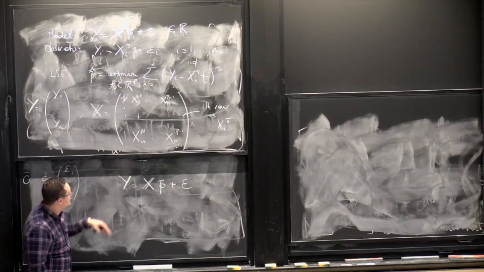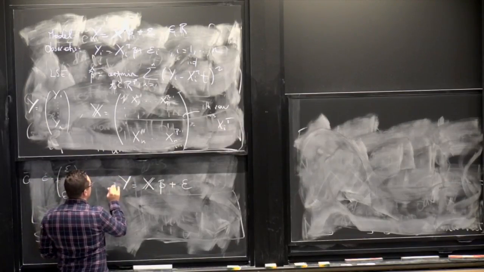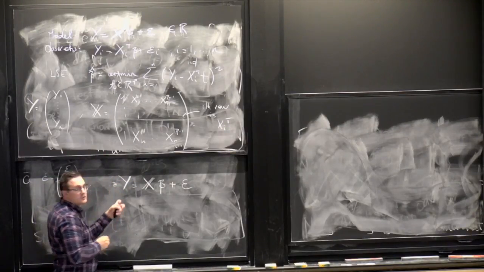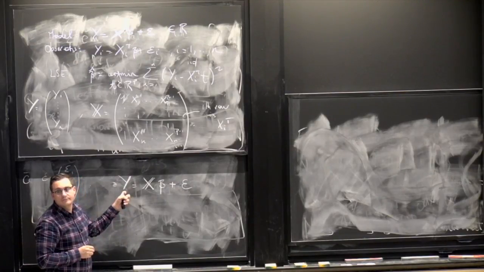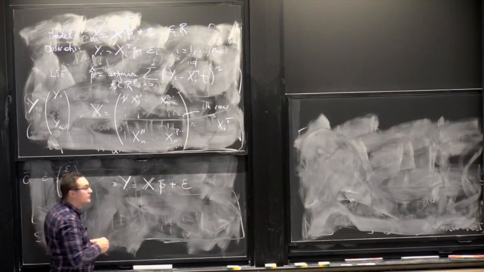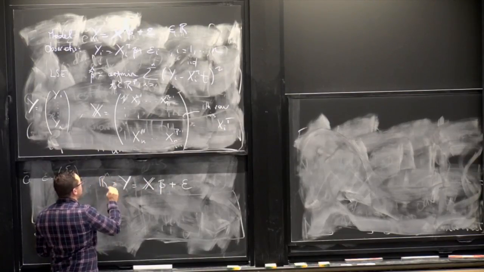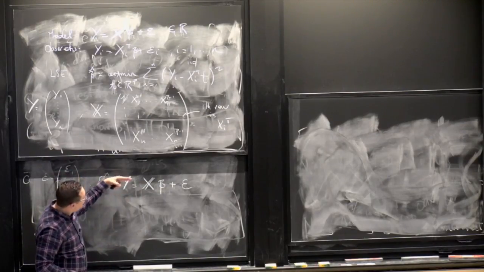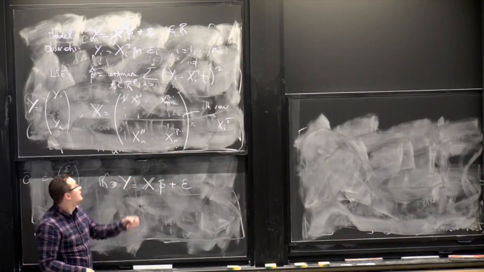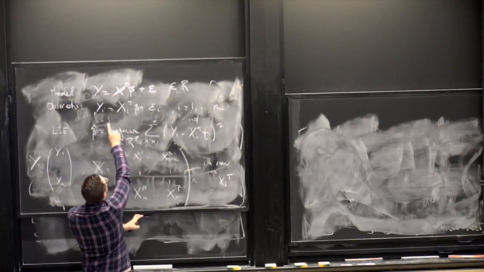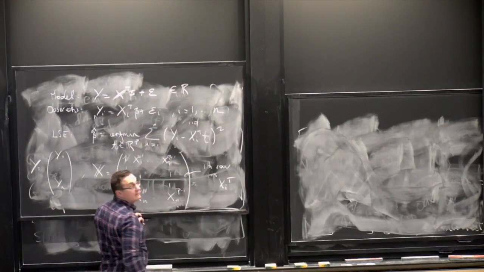This is a vector, and what is the dimension of this vector? n, right? So this is n observations. And for two vectors to be equal, I need to have all the coordinates equal. And that's exactly the same thing as saying that this holds for i equal 1 to n.